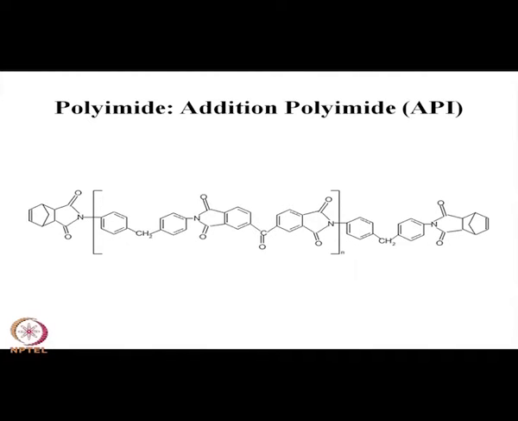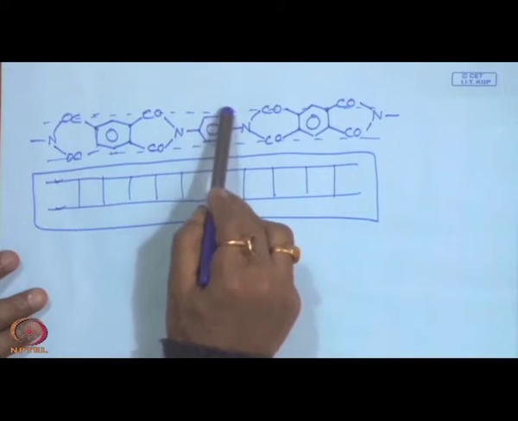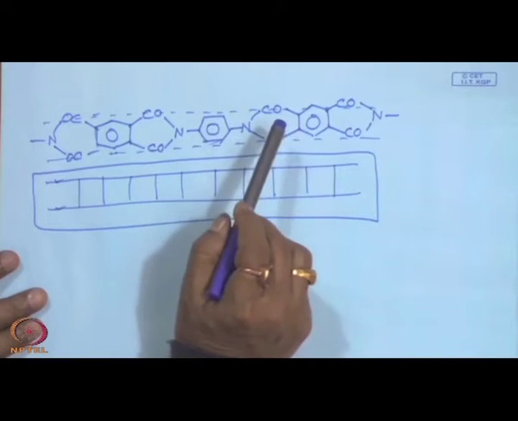There can be another category of polyimides known as addition polyimide. Addition polyimide in the sense, as you have seen in the previous case, that imide means it must have an imide linkage like this. Now, the properties of flexibility, mechanical properties, shock absorption and toughness can all be controlled or tailored if we tailor this part of the polyimide resin.